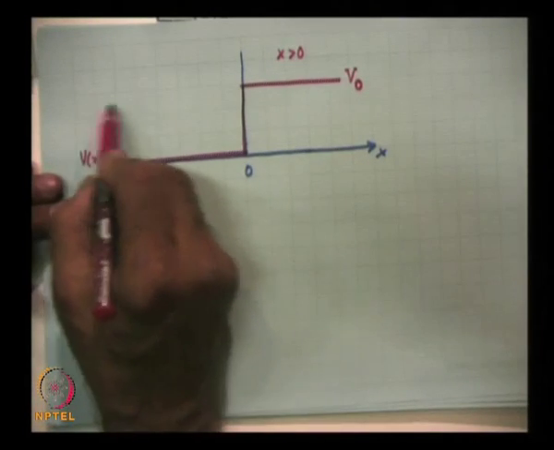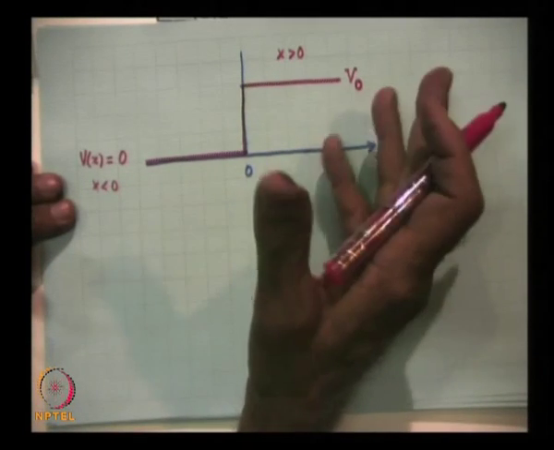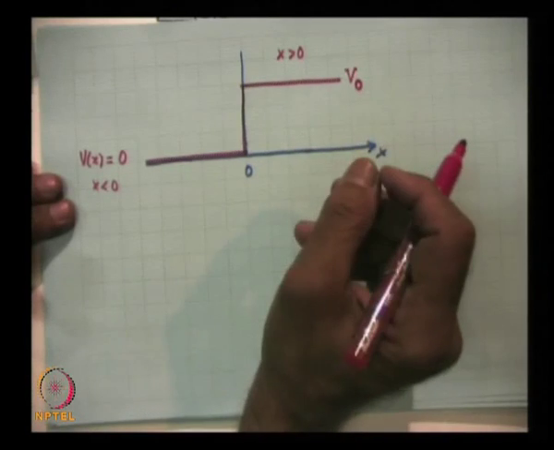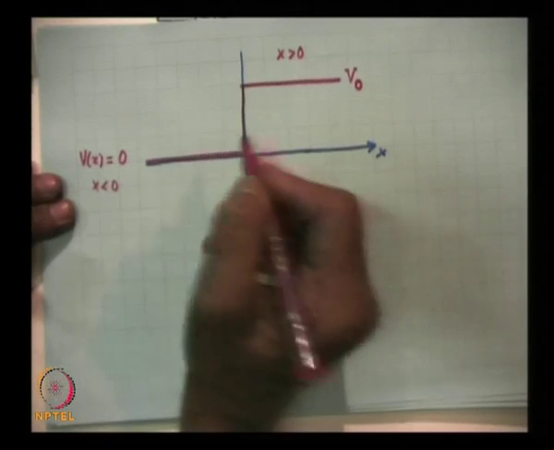Now, a particle is approaching, a particle like an electron or a proton or a neutron, with a certain velocity.